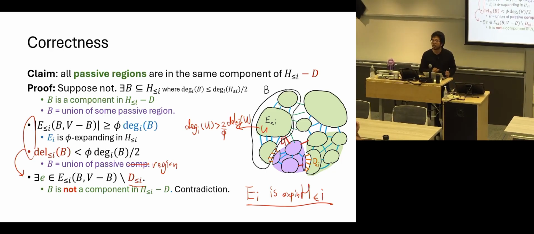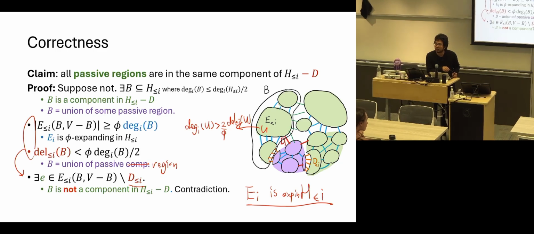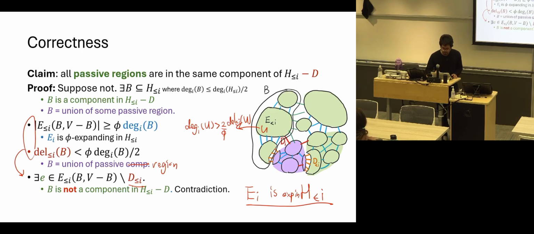Yeah, but does the same argument still work if I take B to be the union of all the passive regions? Like it's still a union of passive regions. Well, but then we're done. No, but if I do the same argument there, would it still work, if B is the whole thing?